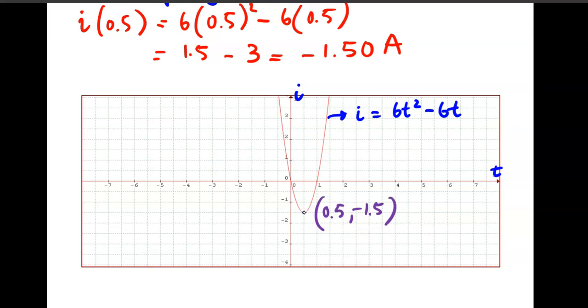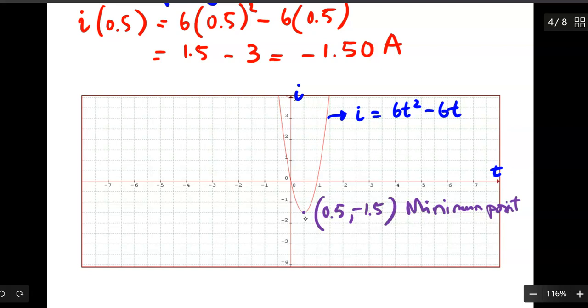Minimum current is equal to negative 1.5 and occurs at the time equal to 0.5 second. Okay, I want to write down here that this is the minimum point.